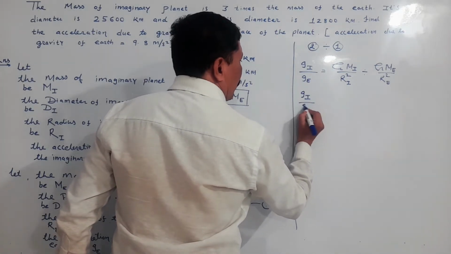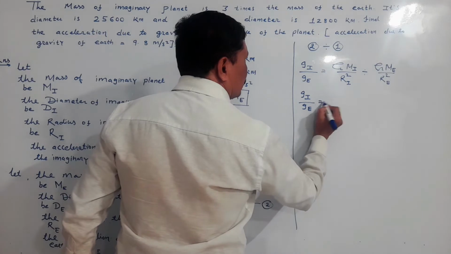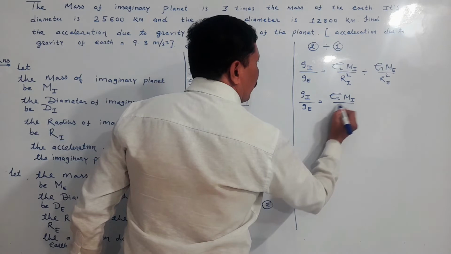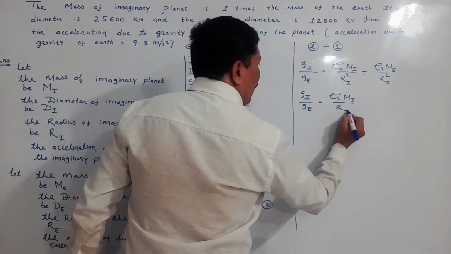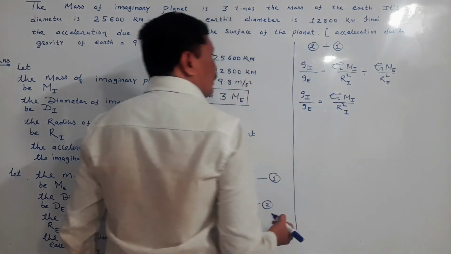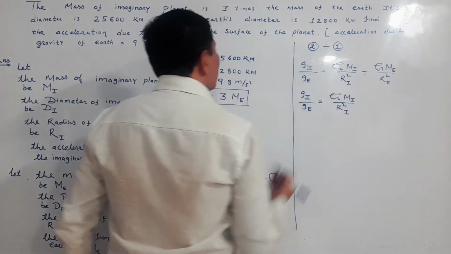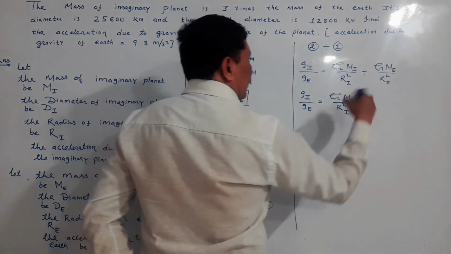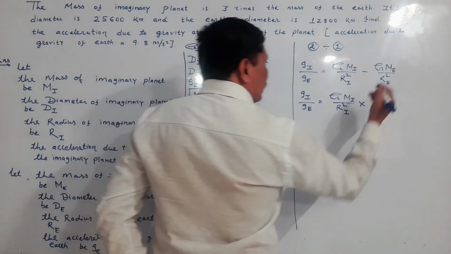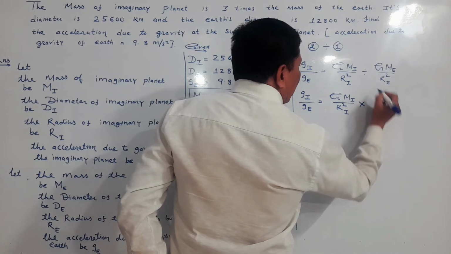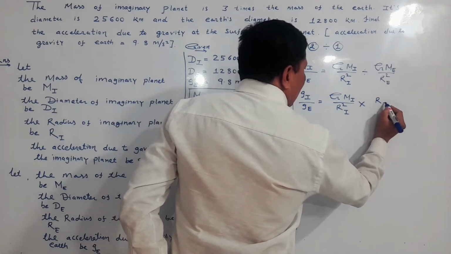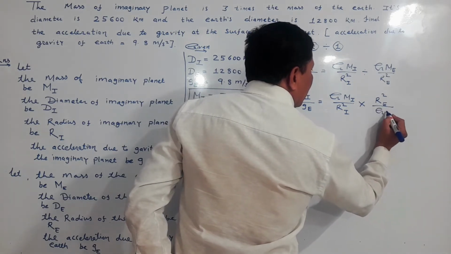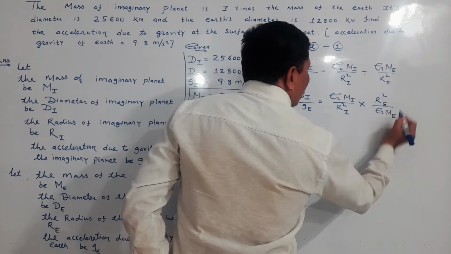Gi upon Ge is equal to G Mi upon Ri square. My dear student, here division is given. This division we can convert into multiplication, and then we have to take the reciprocal. So we will take the reciprocal of the next term, that is Re square upon G Me.